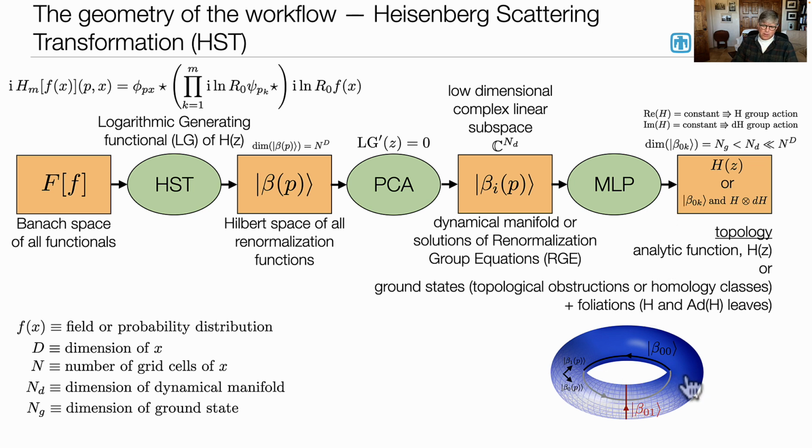And now let's say that we go to a two-dimensional manifold in this case, which has a toroidal topology. You can see that there are two basis vectors associated with going around the whole of it or going around the waist of the torus, associated with beta naught and beta 1.